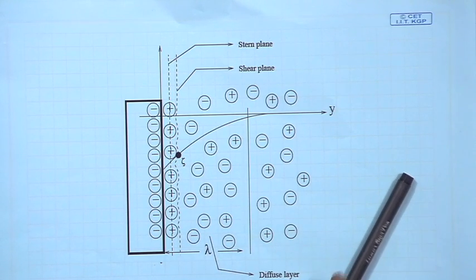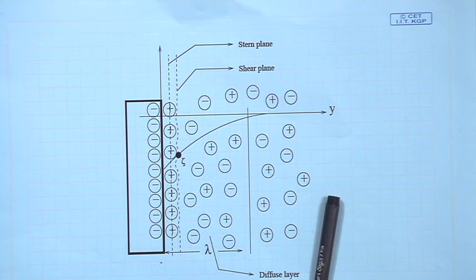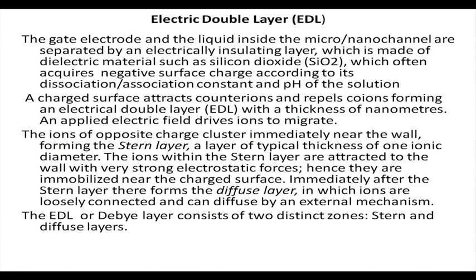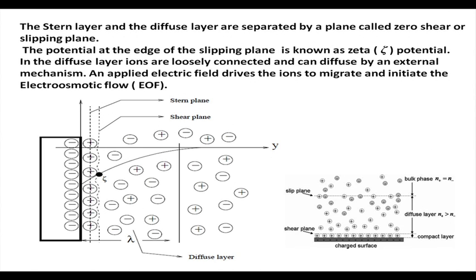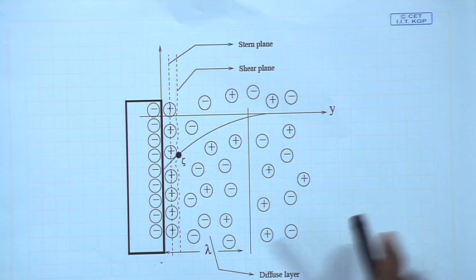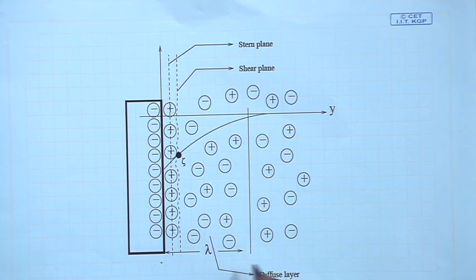Since the ions are mobile here, if some external mechanism is applied, then these positive ions will get attracted to the negative electrodes.